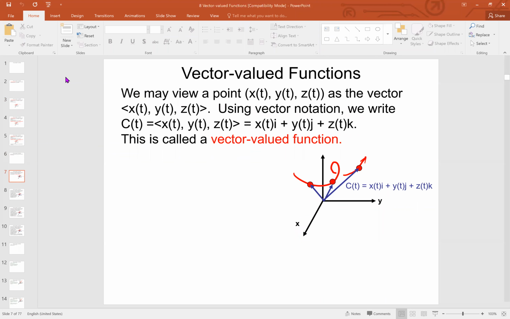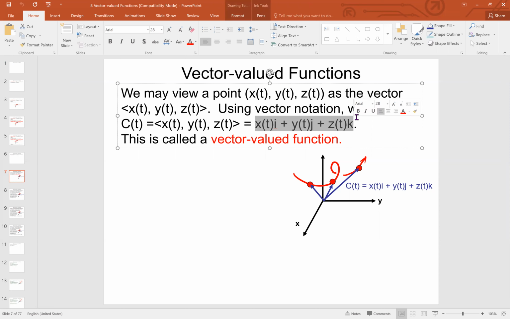If I want to see these curves as vectors, as the endpoints of vectors, then I change the notation slightly. Now I use this vector notation, or the i, j, k notation, which is convenient because it's one equation.